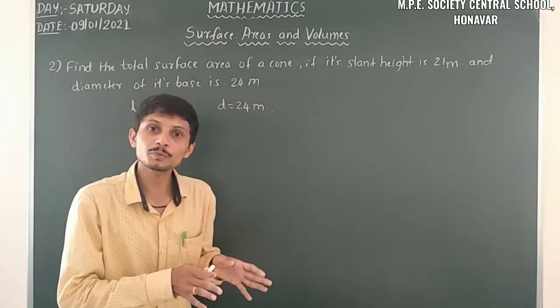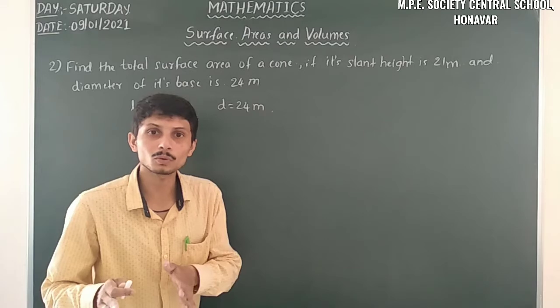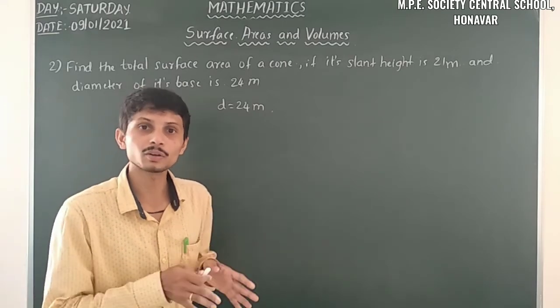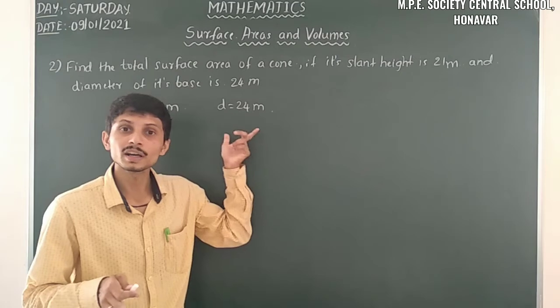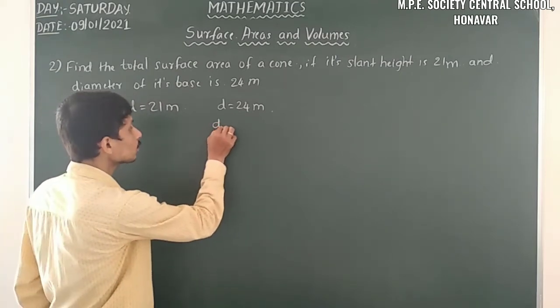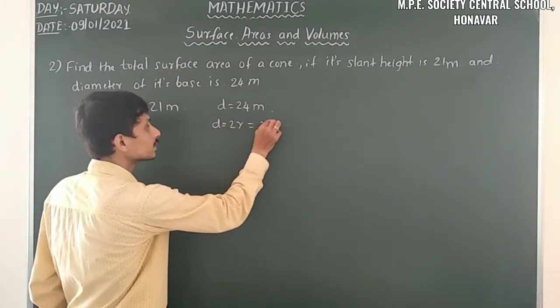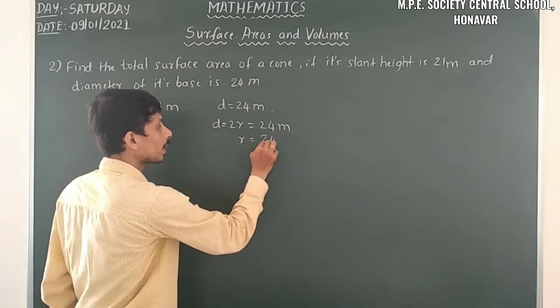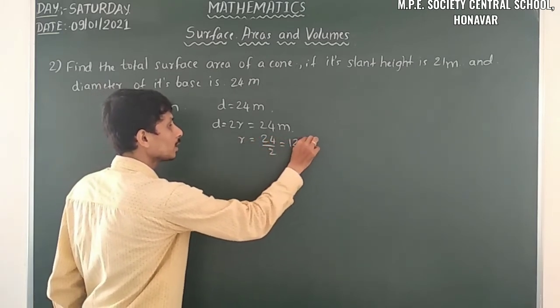The formula for the total surface area of a cone is pi r into (r plus L). So first we have to find the value of the radius. D is equal to 2r, which is 24 meter, so r is equal to 24 by 2, which is 12 meter.